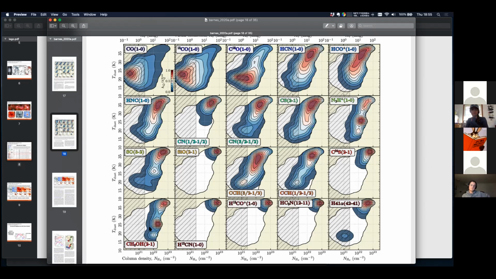I know people use other line tracers for that, but if we're going to extend it to extragalactic work, we wouldn't be able to see the weaker lines that are used for age dating, like the deuterated species. I was just wondering if people have looked at specifically N2H+ versus HCO+ for that kind of analysis of regions.